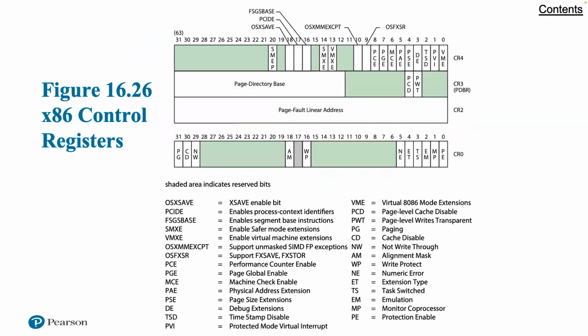So here now we're looking at the control registers, and we'll just continue to be thinking through this kind of complexity and surgical control. The x86 employs 4 control registers. Register CR1 is unused, as a parenthetical comment. To control various aspects of the processor operation, we're showing how this works in figure 16.26.